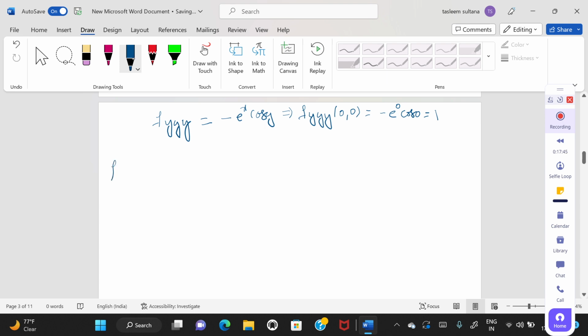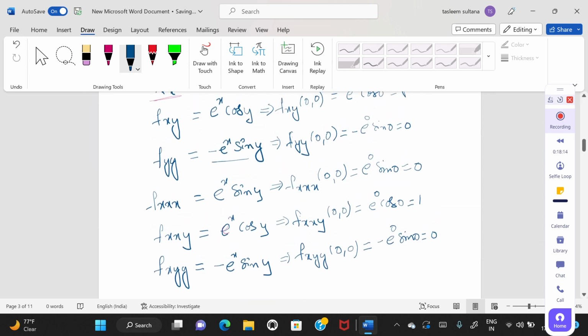f of x comma y is equal to 0, 0 plus 0 plus 0, then x into y, then plus 1 by... That's my question, because if x is already 0 there, won't the whole equation just be 0?